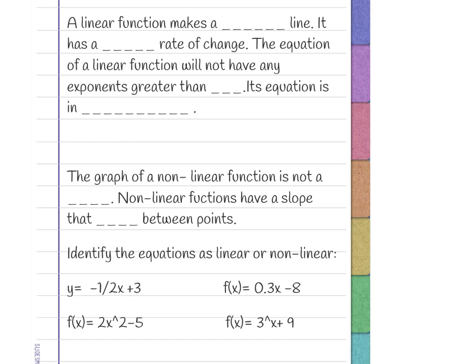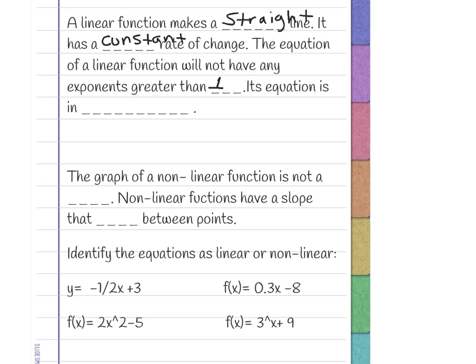All right, so a linear function makes a straight line. It has a constant rate of change. The equation of a linear function will not have any exponents greater than 1.